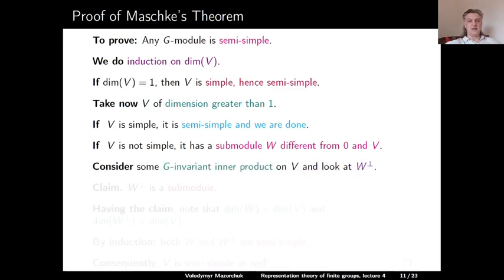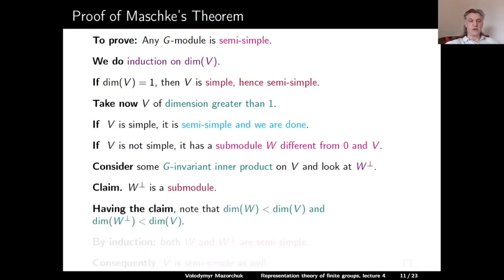Consider some G-invariant inner product on V, which exists because of the previous proposition, and let us look at the orthogonal complement W perpendicular. We claim that the orthogonal complement is a submodule of V. If we can prove this claim, then the dimension of both W and its orthogonal complement is strictly smaller than the dimension of V. This is because the dimension of W is strictly smaller than the dimension of V and strictly bigger than 0.